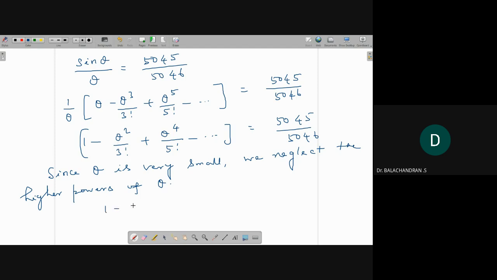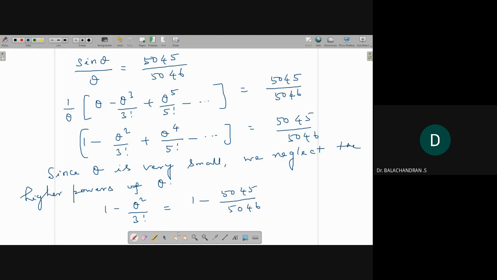So 1 minus theta square by 3 factorial is equal to the right hand side, 1 minus 5045 divided by 5046. You can cancel 1 and 1.